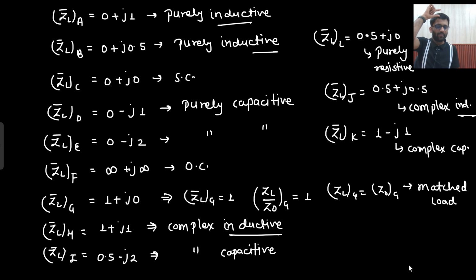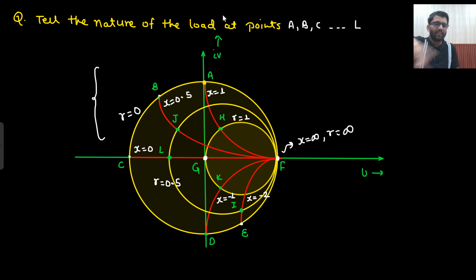Some are complex, some are pure. That means the upper part will always be inductive. And why is that so? Because in the upper part X equals 1, 0.5, 0.7, 2, all these will be there, and R will be a real value there. So the upper part will always be inductive.